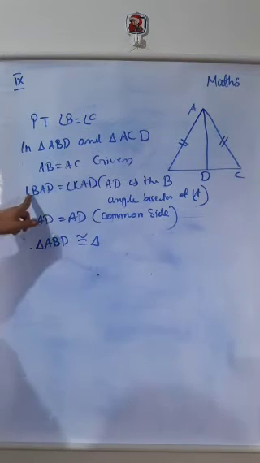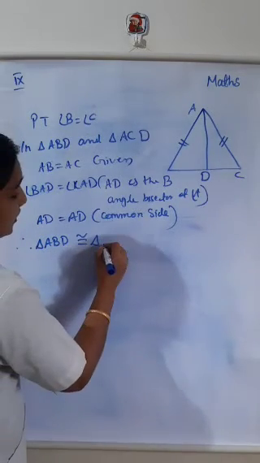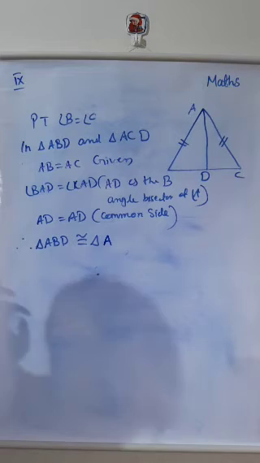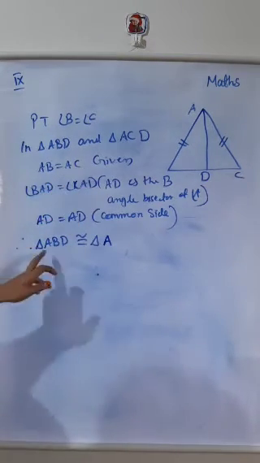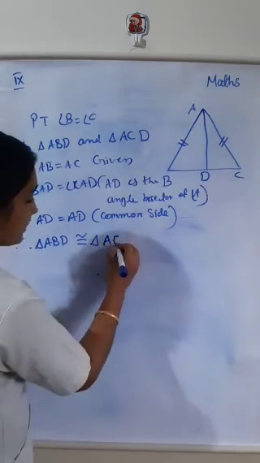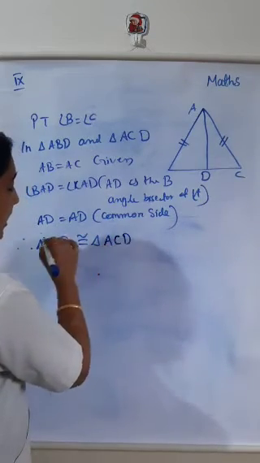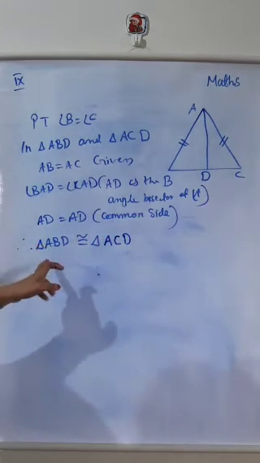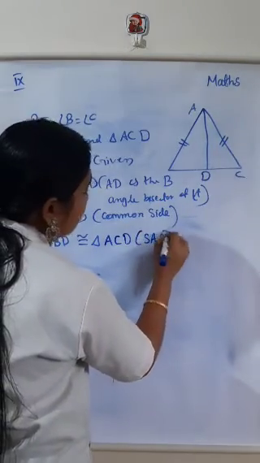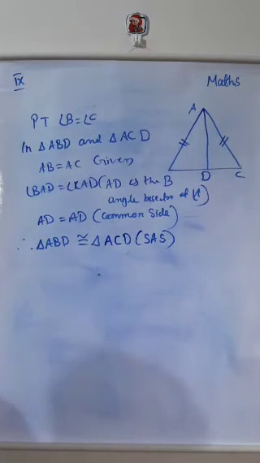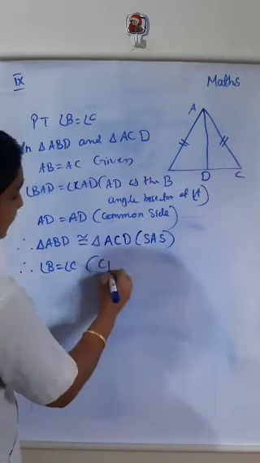Here angle BAD is equal to angle CAD, so the first position is A. Then AB equal to AC, and AD is equal to AD. So triangle ABD is congruent to triangle ACD by the SAS congruence rule.